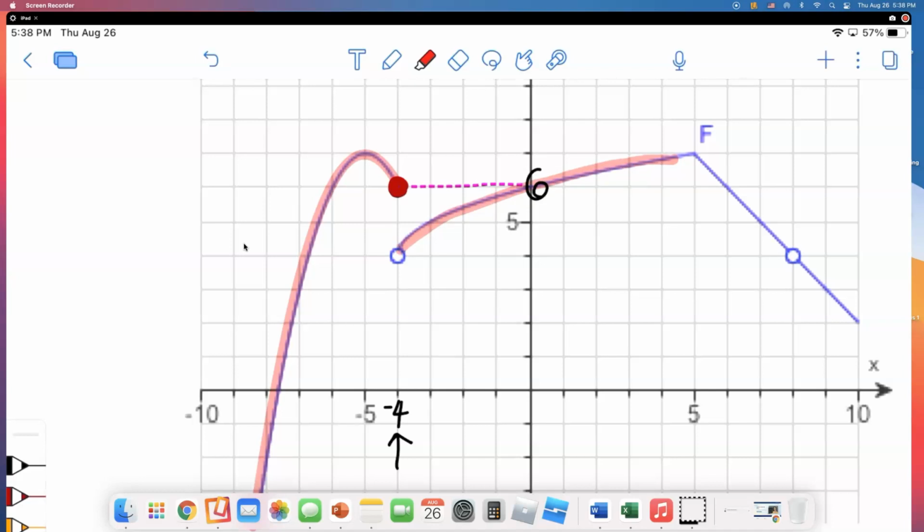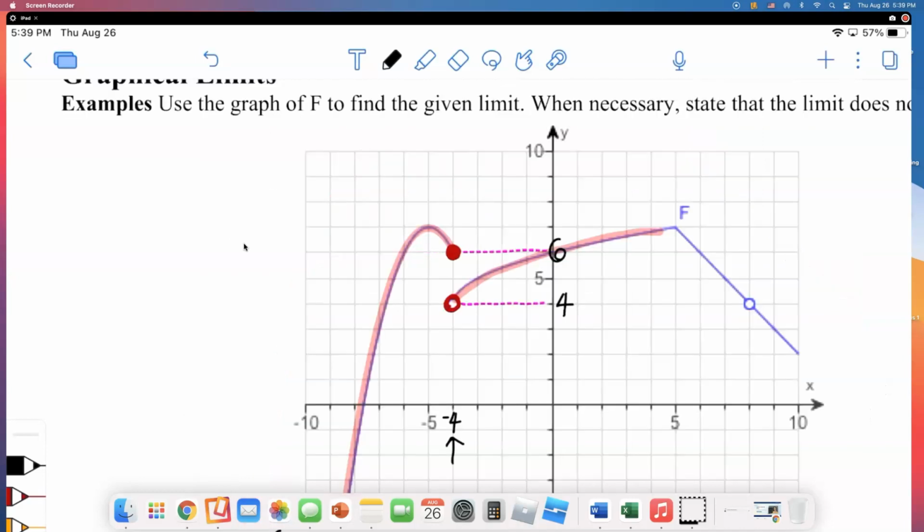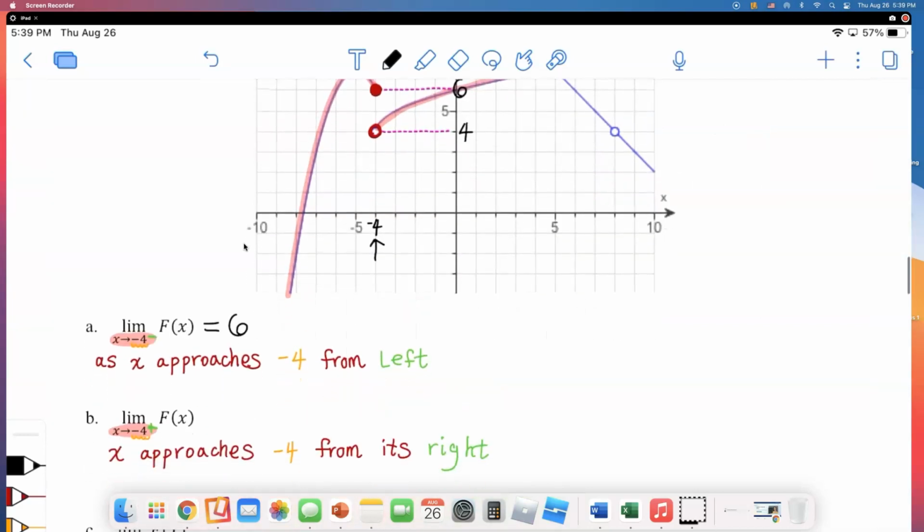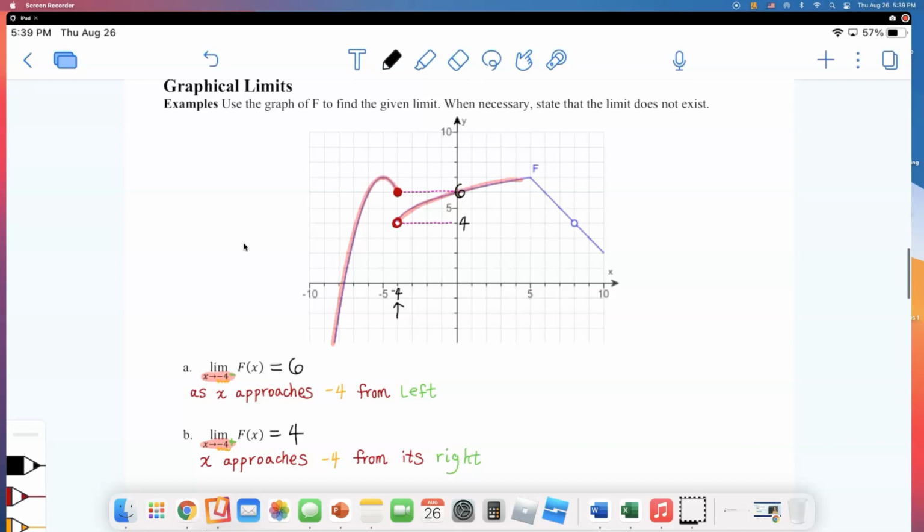And right here, we have a point. If you look at the y value of that point, this is 1 below 5, so the y coordinate must be 4. The function value must be 4. So the right-hand limit is actually 4. Now look, from the left and from the right, they're different. So they're not the same.